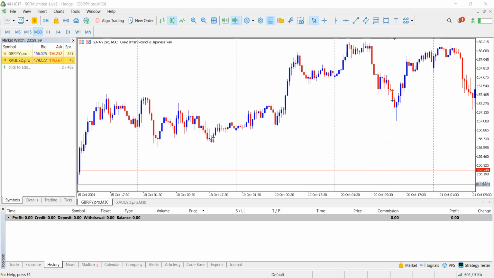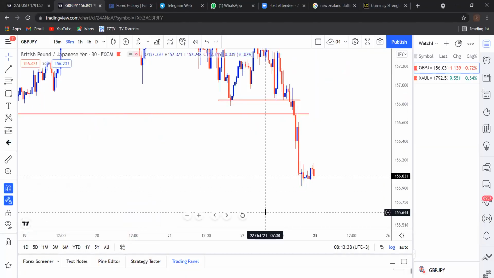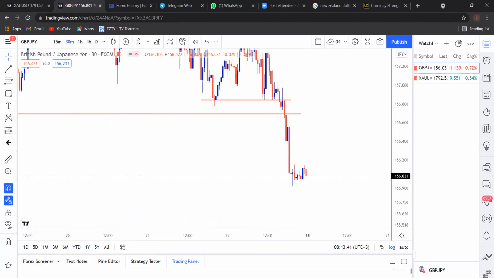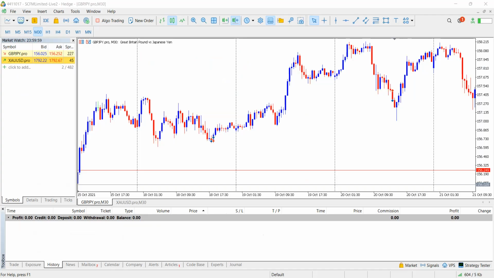Hiyo swali nimekumbuka nini? Story na hiyo conversion ya pips. Unaona vile tulikuwa tunajaribu convert Japanese yen to dollars, ndio unajua ni how much zinaingia. Si hivyo utakana ufanye calculation. Kuna kitu inaitwaga pips converter. Ingia hapo, si una trade GBP JPY.